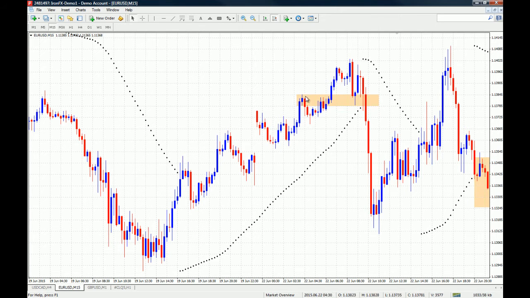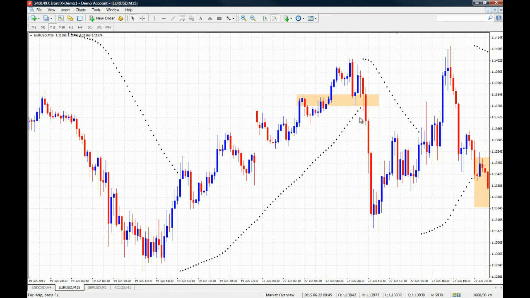Not only do we need price action to break with the parabolic SAR, but we need price action to break with the previous area of support if we are trading to the downside, or resistance if we are trading to the upside, okay?